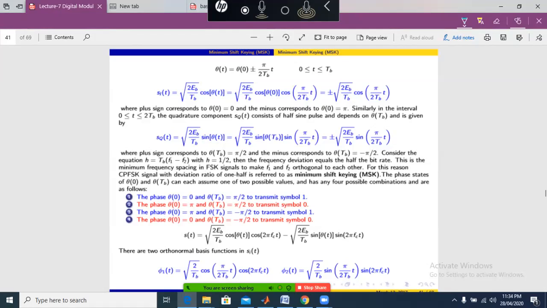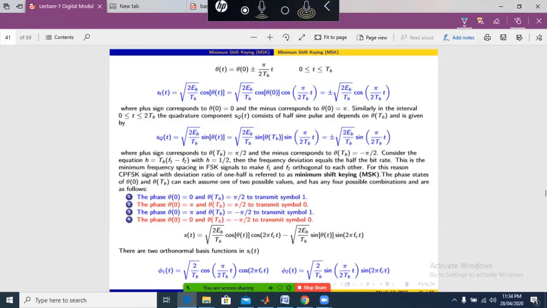So it means we transmit symbol 1. If the initial phase is pi and theta Tb is pi by 2, it means it decreased by the factor minus pi by 2.